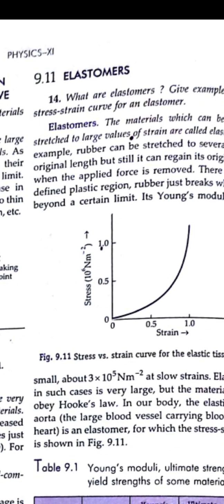Elastomers can be elastically stretched to a large value of strain, that is, a large change in the dimensions of the body. Such materials are perfectly elastic and are said to be elastomers. For example, rubber can be stretched to several times its original length, but it still regains its original size and shape after the deforming force is removed.